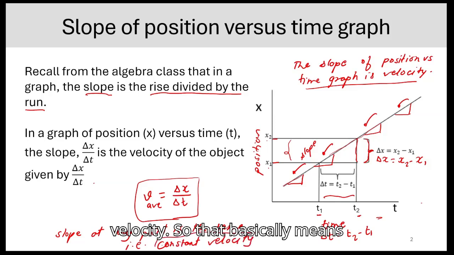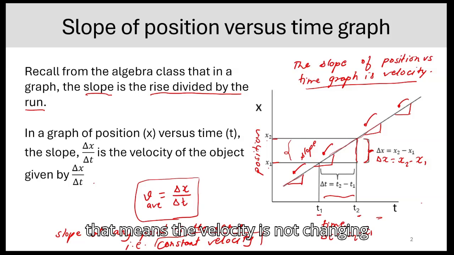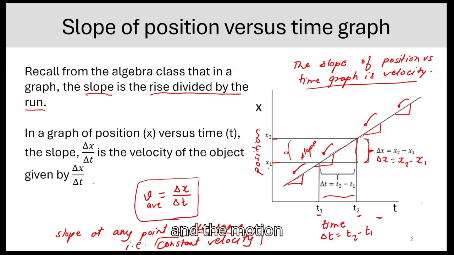If the slope is the same throughout the time we are observing the data, that means the velocity is not changing and the motion is constant velocity.